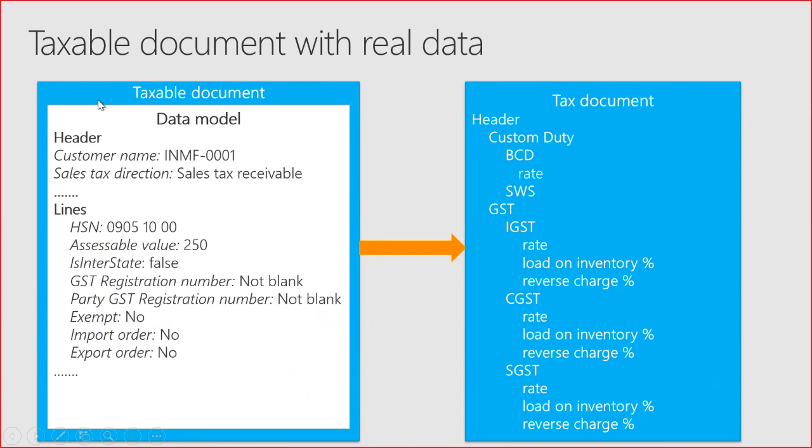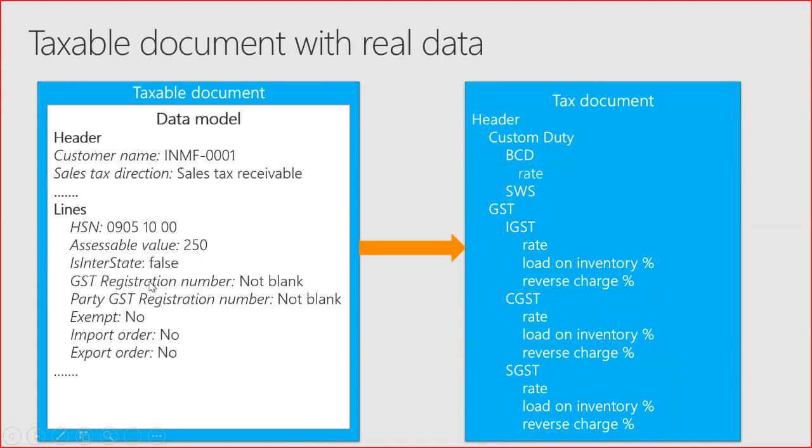And in the end, from the GTE perspective, you will have a taxable document with a data model with all the real data the GTE gets from the source document, like the sales order, right? Like what I show here, we have customer name, IMMF 0001. We have sales direction, we have HSN, we have accessible value.